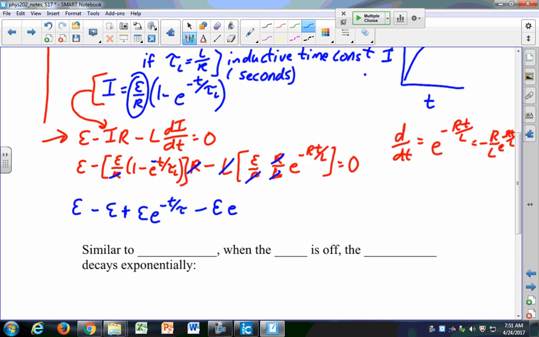Minus E e to the minus Rt over L. And then that's all equal to 0. All right, so these two cancel out, and these two cancel out. So this solution for I does solve that first order differential equation.